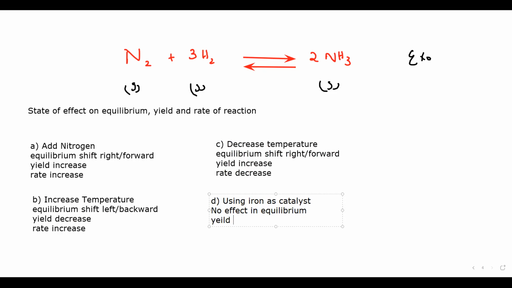The yield will have no effect, but the rate will increase, because the rate of the reaction depends on the presence of the catalyst. If you use a catalyst, the reaction will be faster, as the catalyst lowers the activation energy and provides an alternative route for the chemical reaction to occur.